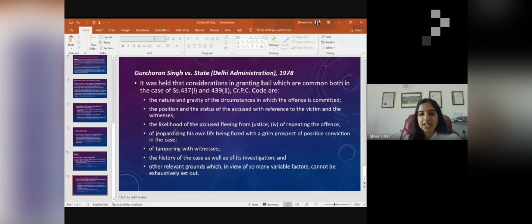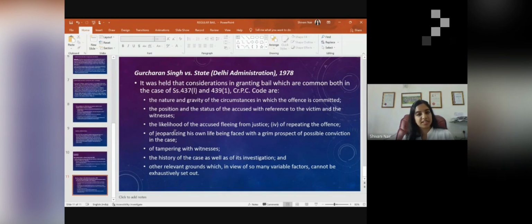It was held that while granting bail, which are common in the case of Section 437 and 439, the nature and gravity of the circumstances in which the offense is committed, the position and status of the accused with reference to the victim and the witnesses, the likelihood of the accused fleeing from justice, repeating the offense, jeopardizing his own life, being faced by the grim prospect of possible conviction in the case, tampering with witnesses, the history of the case as well as of its investigation, and other relevant grounds, which are variable factors that cannot be exhaustively set out.